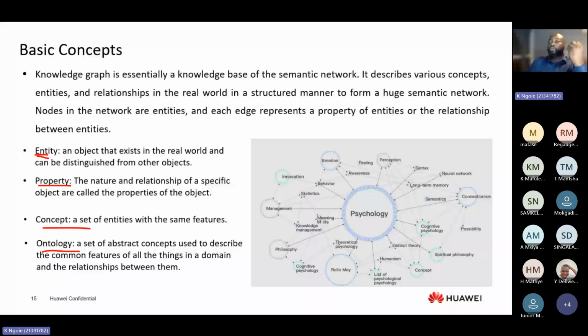So if I'm looking at the knowledge graph and I want to take a certain piece of information, a certain concept, such as Albert Einstein. If I talk about Albert Einstein, what do you guys think about? If I say Albert Einstein, who's Albert Einstein?